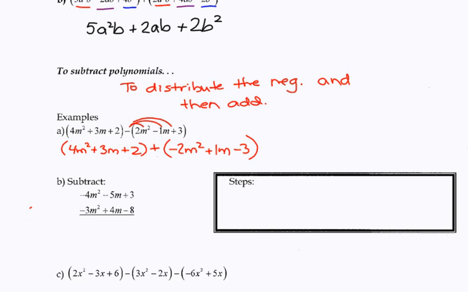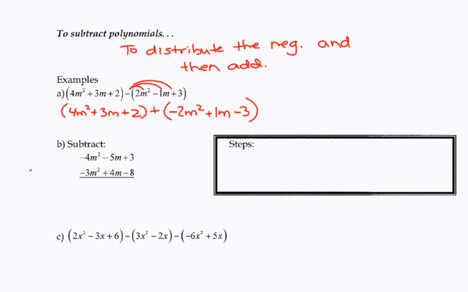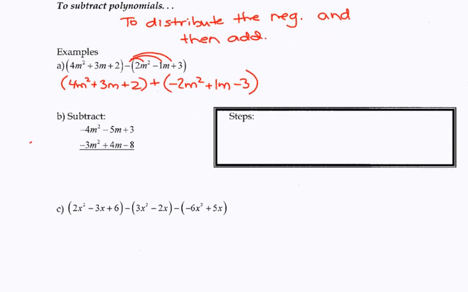So now we have addition, so let's add. Like terms again, 4m squared plus negative 2m squared is 2m squared. 3m plus 1m is 4m. And 2 plus negative 3 is negative 1.